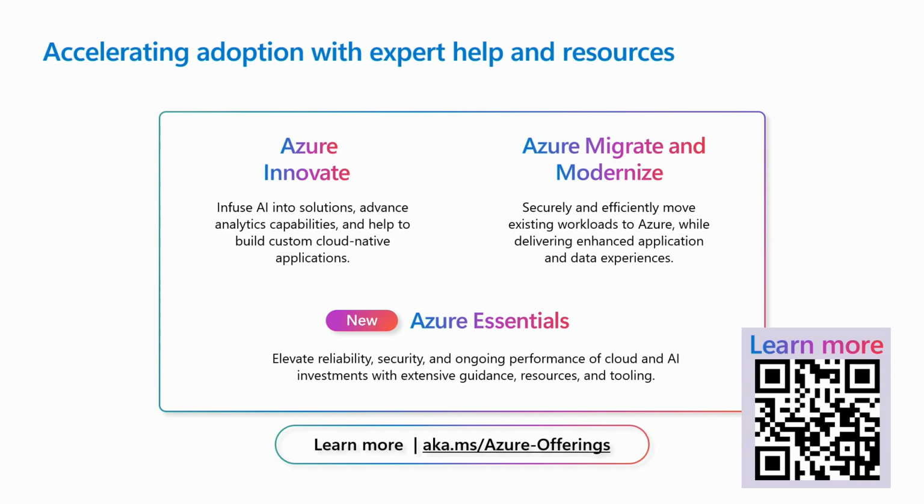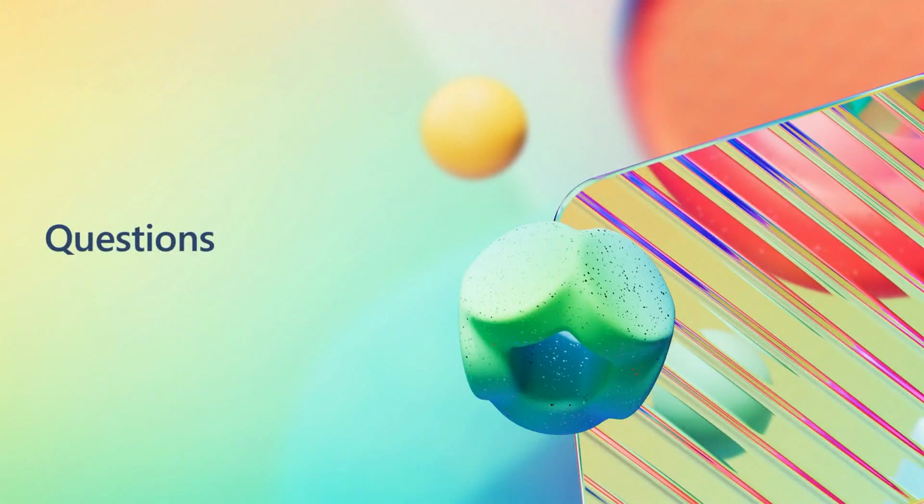We have Azure Migrate and Modernize, and these folks help you securely and efficiently move existing workloads from on-prem into Azure and enhance your application and data experiences with some of the offerings that I shared with you today. And then we've got Azure Essentials, which is a new program, and that really helps you elevate your reliability, security, and ongoing performance. So you can scan that code to learn more.